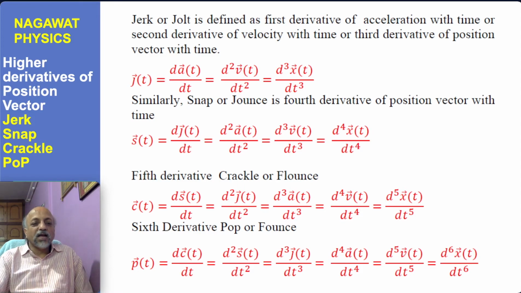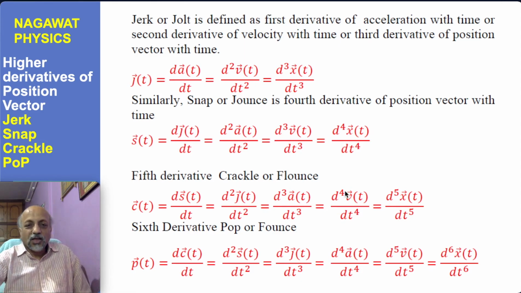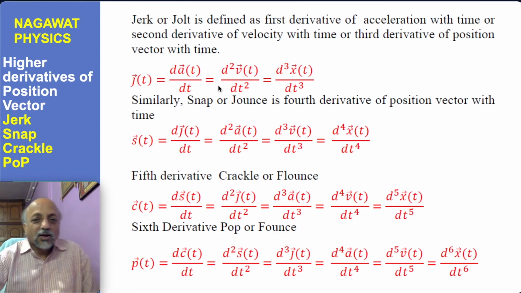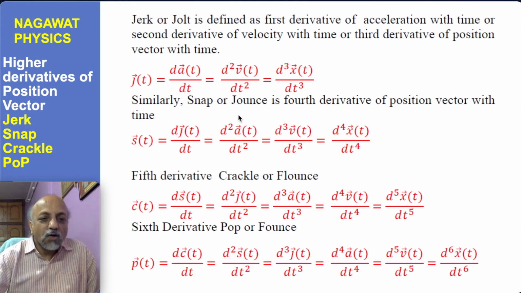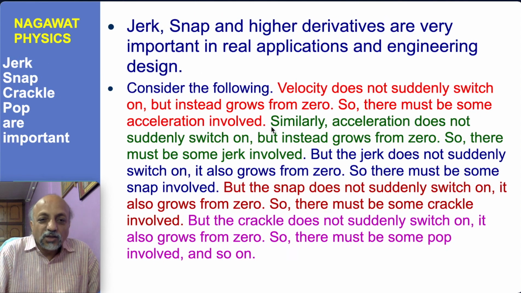People do like a ride in which the jerk is zero, and therefore acceleration, if occurring, is occurring in a constant manner only, but not in a jerky manner. If acceleration is changing with time, then it means there is a non-zero jerk, because the derivative measures how it is changing with respect to time.